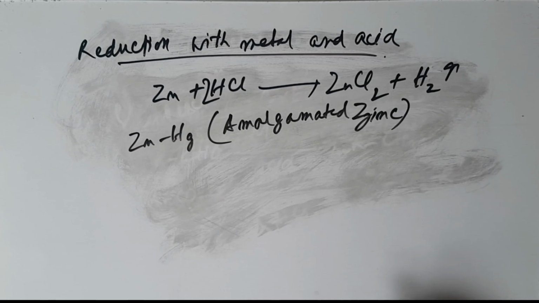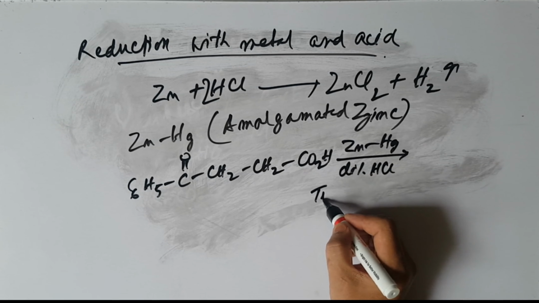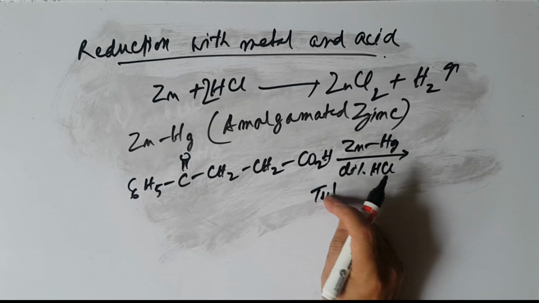Say, for example, C6H5 CO, the carbonyl group, and CH2CO2H, the acid group. Here we use zinc-mercury amalgamated zinc and HCl, and then toluene or xylene with ether.